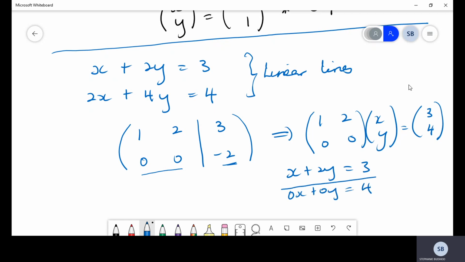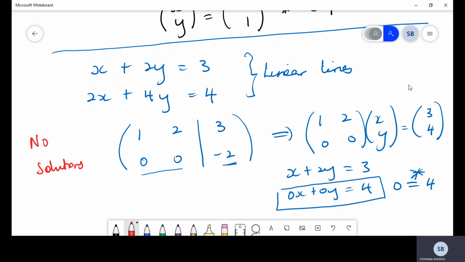That second equation, 0 being equal to 4, is incorrect. That is definitely not a solution. So in a case like this, we say there are no solutions for the values of x and y.